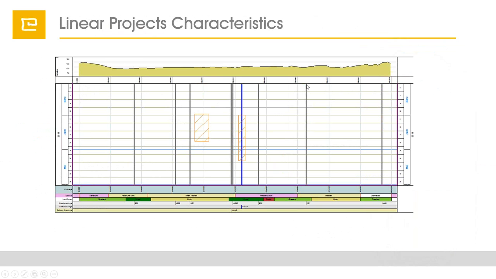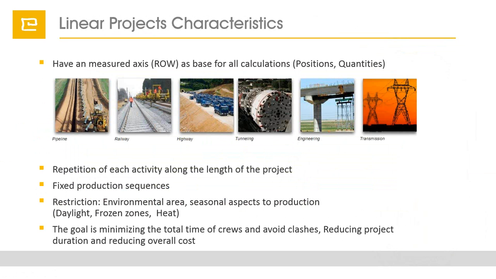What is specific for linear projects? The most important thing is that we have an axis which has a measurement system in kp or in miles, and based on this measurement system we show positions in the project and quantities. And then we plan the repetitive work along this axis.